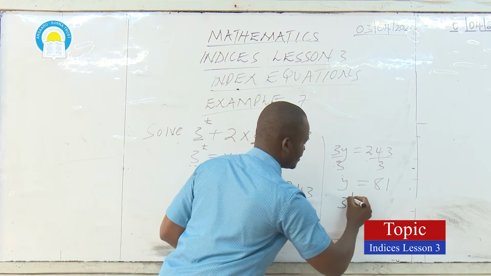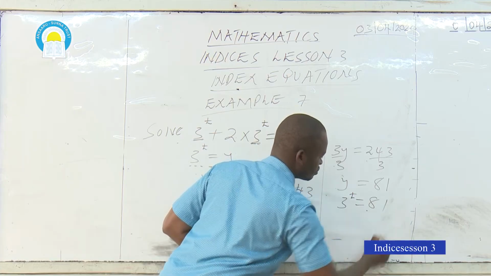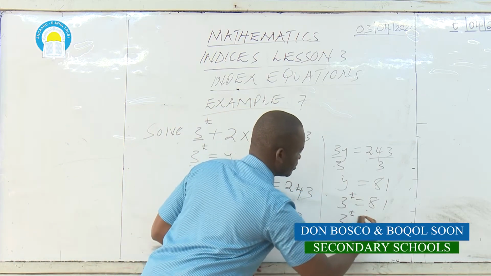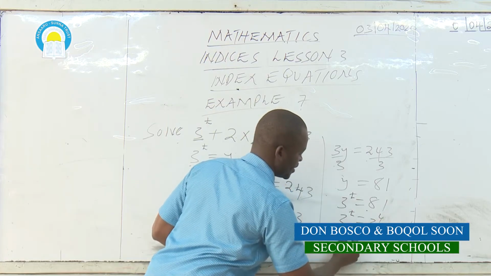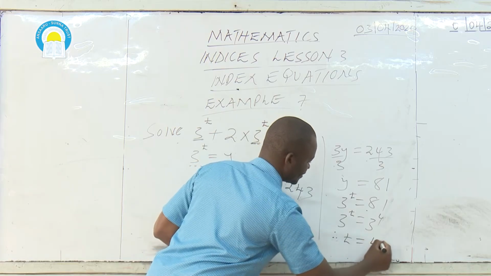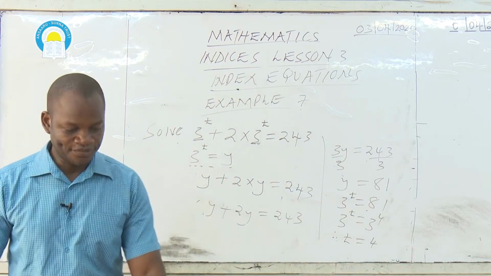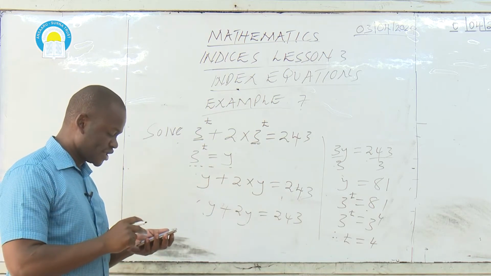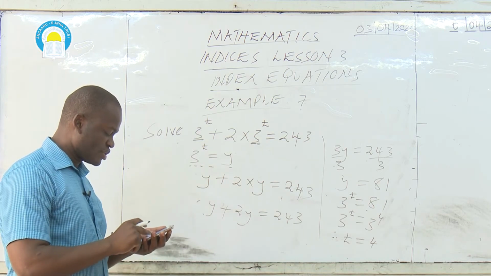So you say 3 power t is equal to 81. 3 power t will give you 3 power 4. In the end, t is given by 4. So that is the second approach to our question.